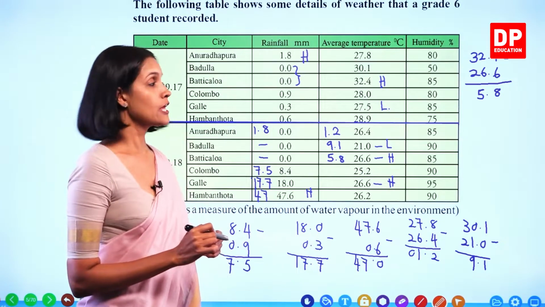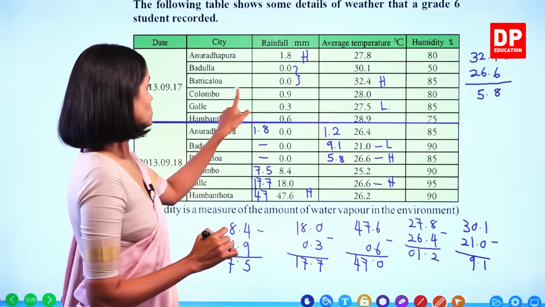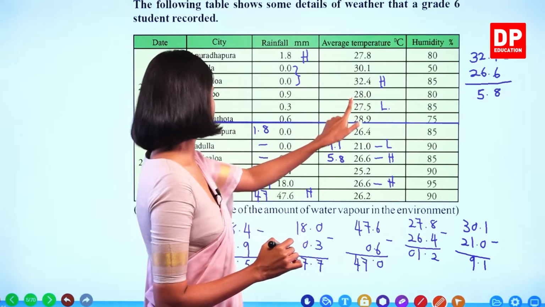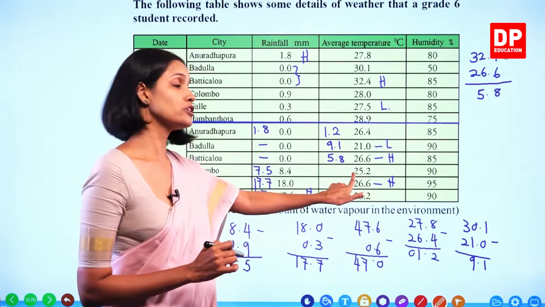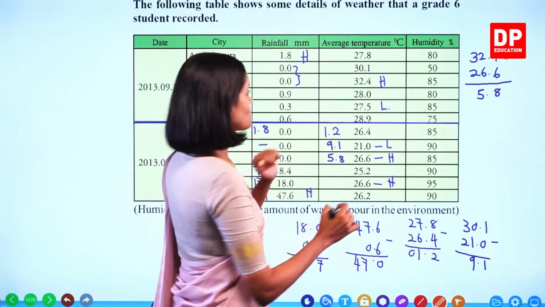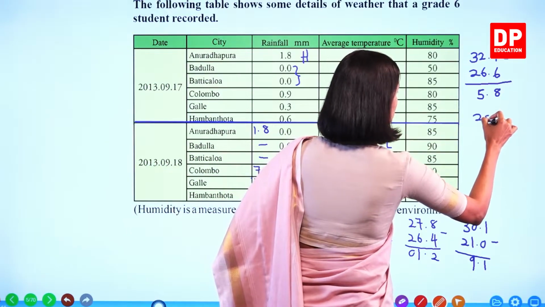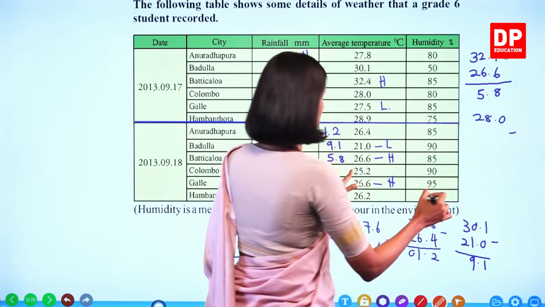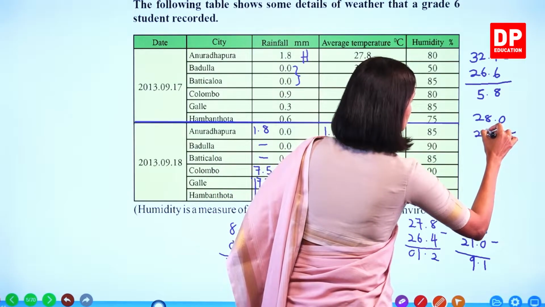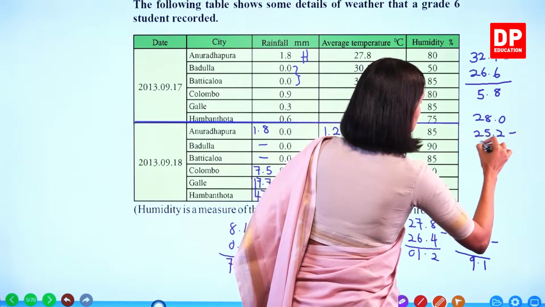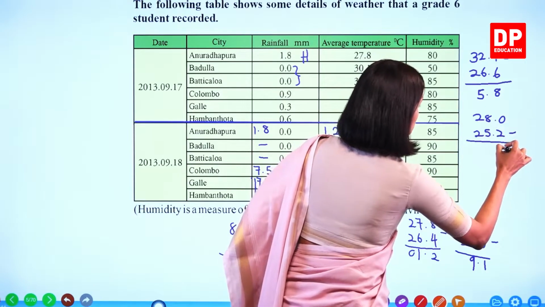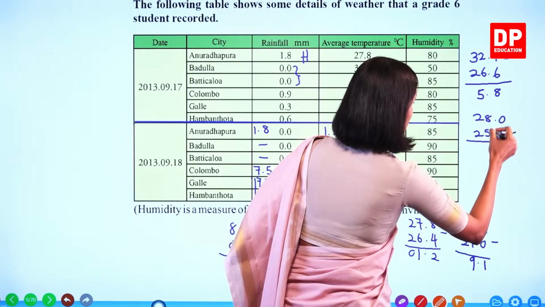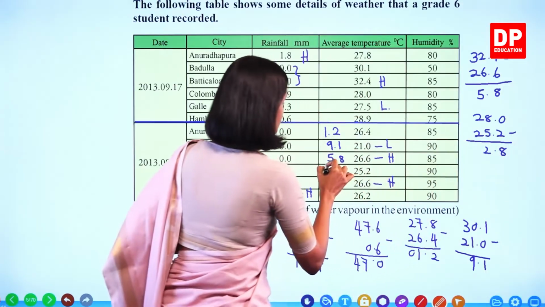Okay, right. Colombo, 28.0, here 25.2. 28.0 minus 25.2. 10 minus 2, 8. 7 minus 5, 2. 2.8.